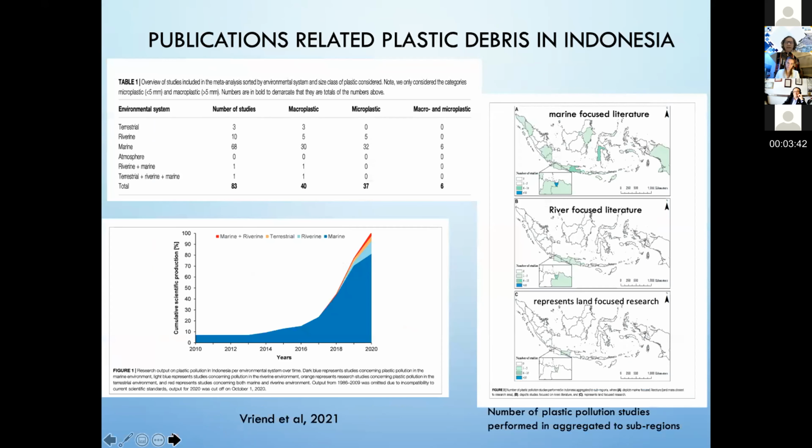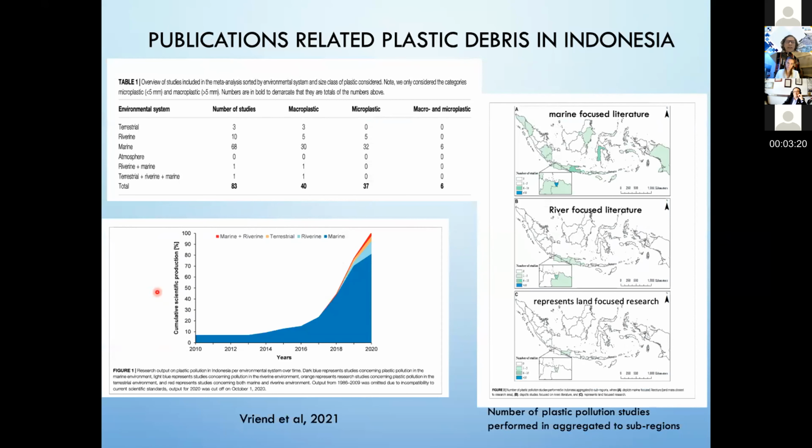And this is very good information from Friend et al. He collected all the data and research related to the plastic problem from the terrestrial, riverine, marine, and atmosphere, as you can see here.